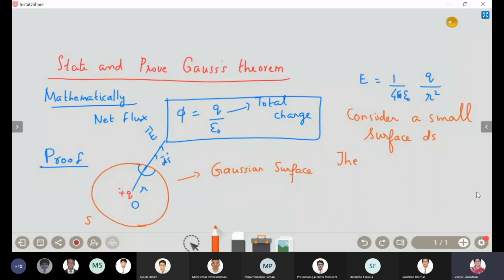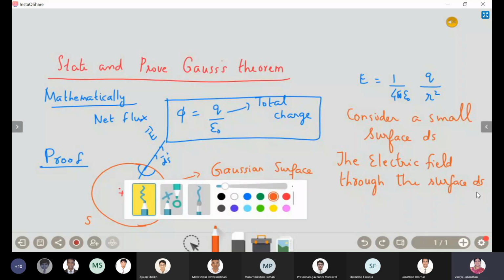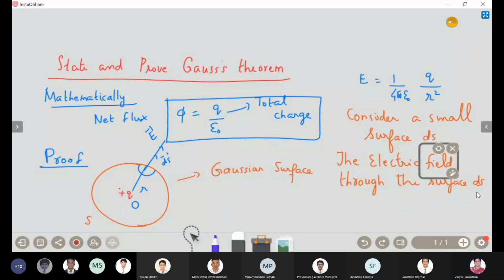The electric field to the surface ds, and the electric flux, so it is d phi is equal to E vector dot ds vector.